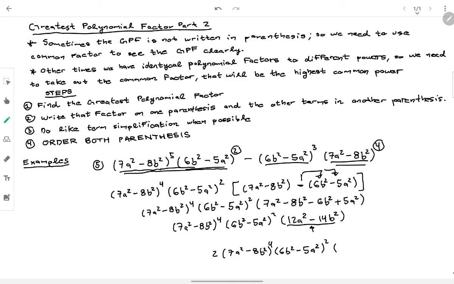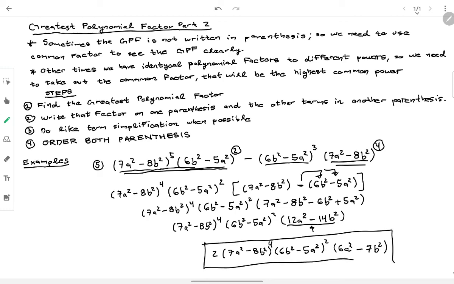Then 2 will multiply 6a squared to become 12a squared, and will multiply minus 7b squared to become 14b squared. So this is going to be our actual final answer.